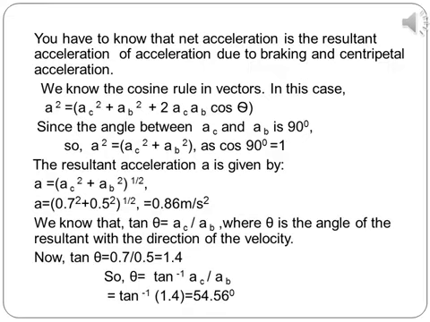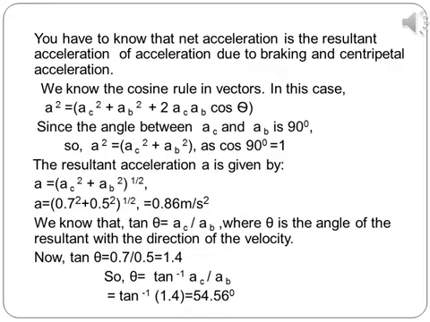In this case, A square is equal to AC square plus AB square plus 2 AC AB cos theta, which is in the form of R square is equal to A square plus B square plus 2AB cos theta, whereas R is A, taking A as AC and B as AB.